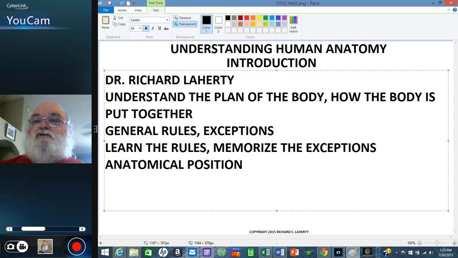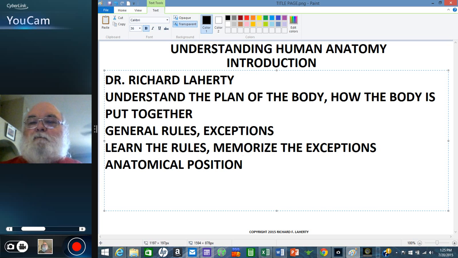The specimens you see in an anatomy lab are never in anatomical position. Now, anatomical position is defined precisely in textbooks, both hardcover and online versions.